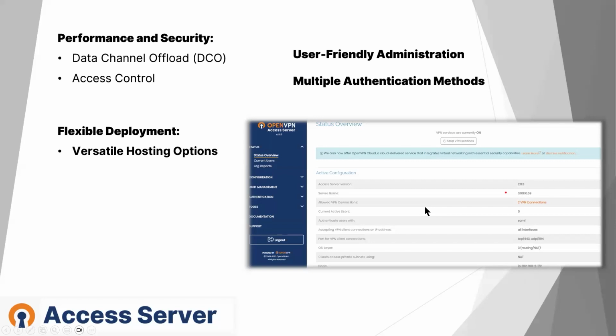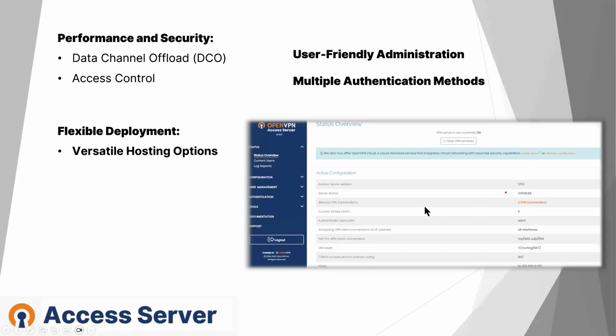User-friendly administration. You saw the admin UI. Multiple authentication methods, supporting a range of authentication systems, including local credentials, LDAP, SAML, and so on. And one nice thing is that you can use multiple authentication systems within the Access Server. Just set up different authentication systems at system level, group level, or user level.